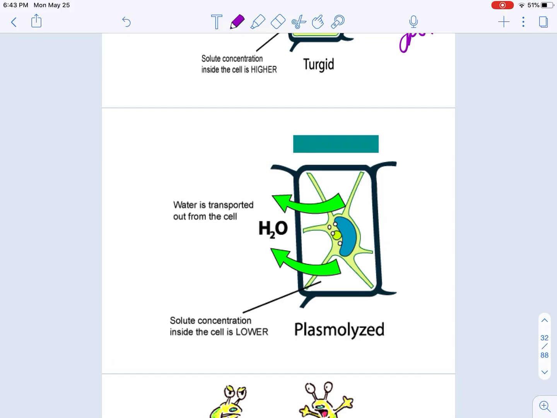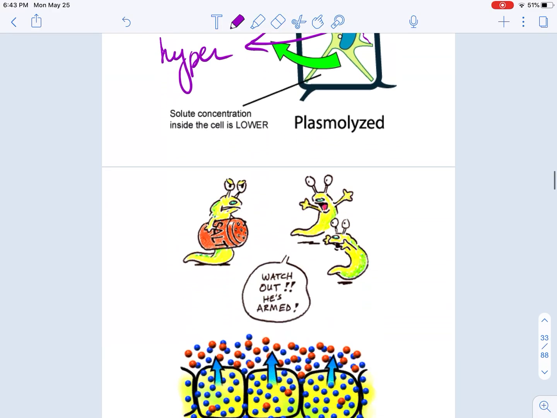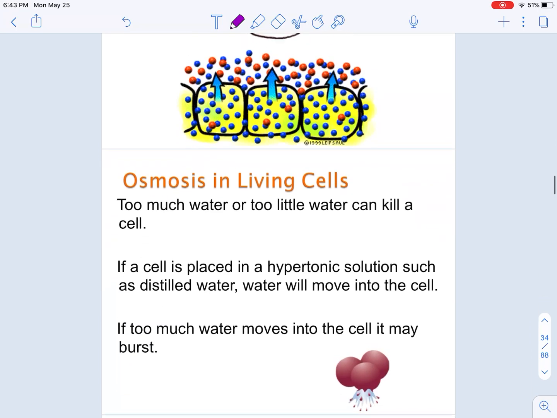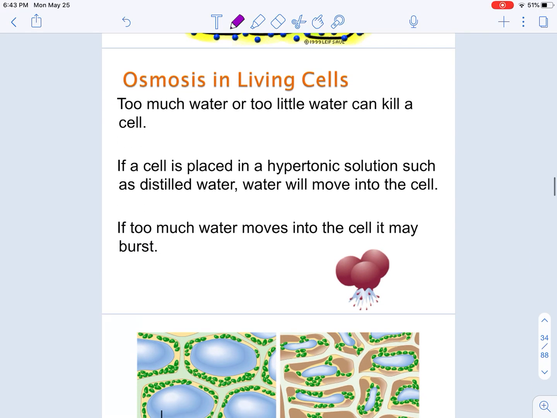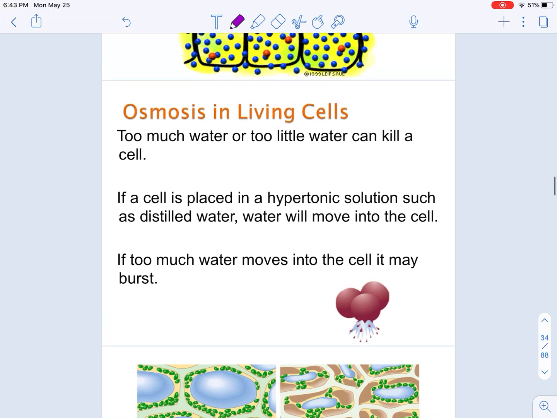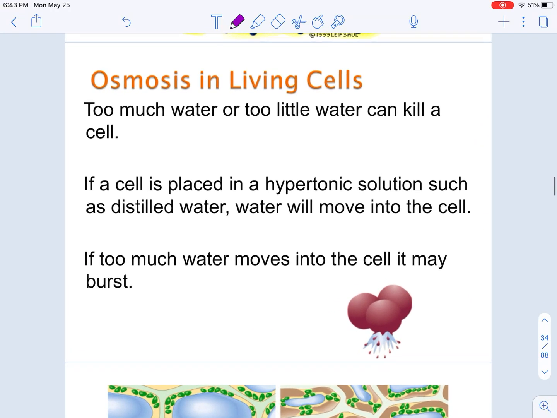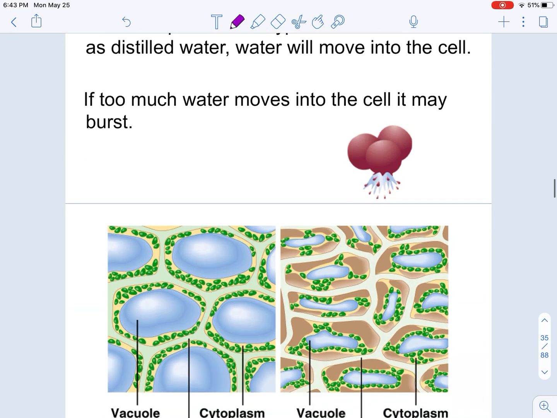This one is one where water has totally shrunken back the cell membrane here. So this must be a hypertonic solution, and water all left to try to dilute the hypertonic solution around it. And in living cells, too much or too little water can kill a cell. So the cells in a healthy situation are always surrounded by isotonic fluid.